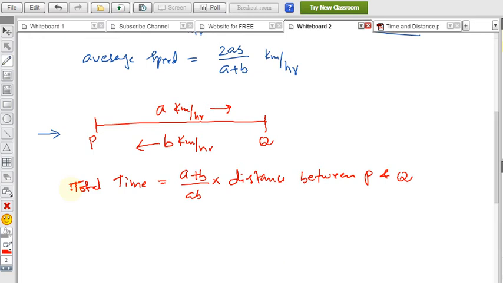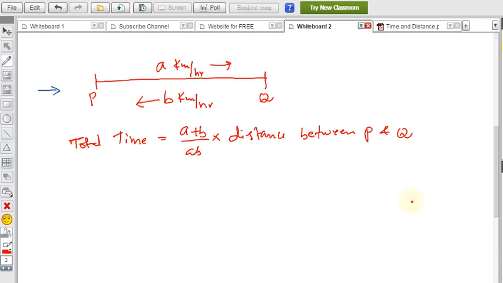Okay. So we have seen the previous average speed formula. Now similarly, one more important point regarding average speed.